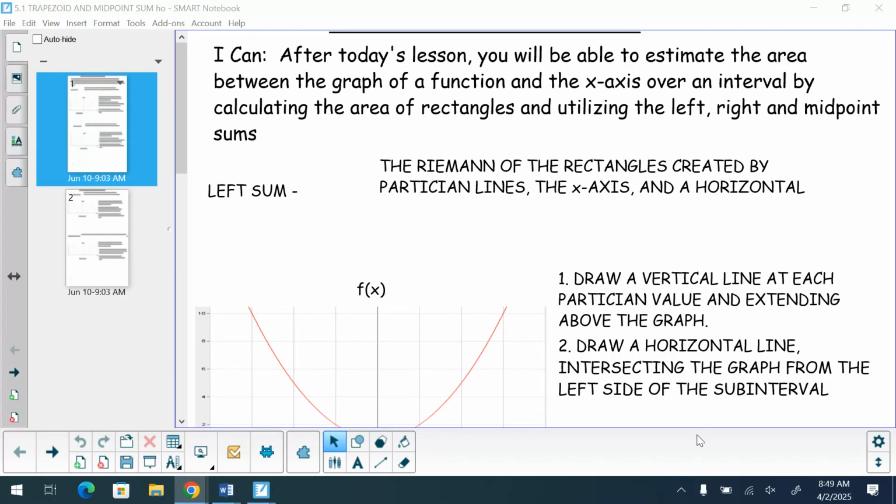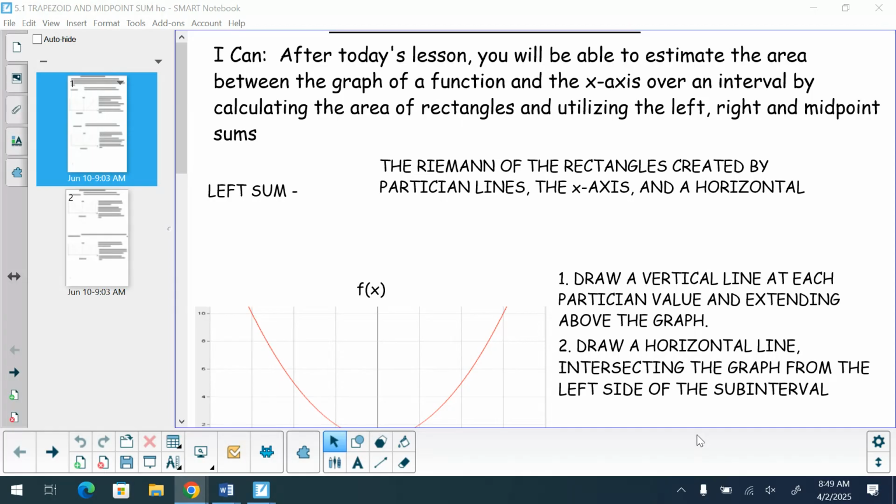Once again, the upper and lower sum were 2 boundary values that you can have with the actual area. Your upper sum was one approximation, the lower sum was another approximation, and we know the actual area is somewhere between the upper and lower sum. The next 2, the left sum and right sum, are in the same boat. These are going to be 2 boundary values.